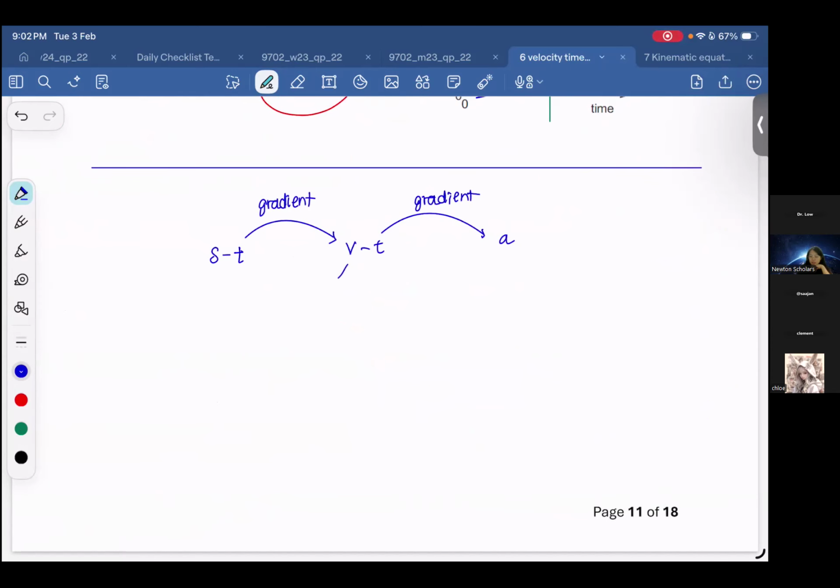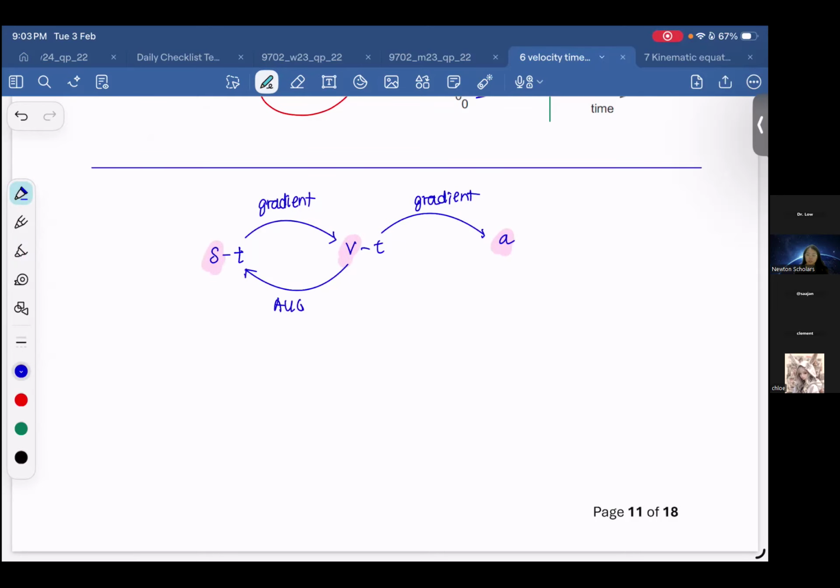Then for the velocity-time graph, if you find the area under the graph, you will get back the distance or displacement. Distance or displacement, then next is velocity, then next is acceleration. This is their relationship. Okay, is that clear? Yes or no?